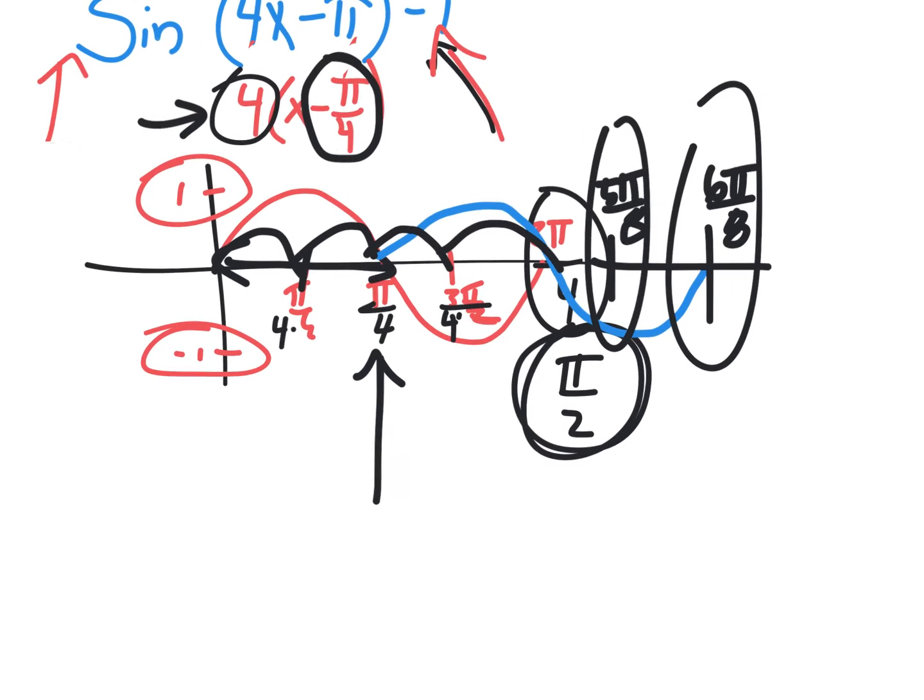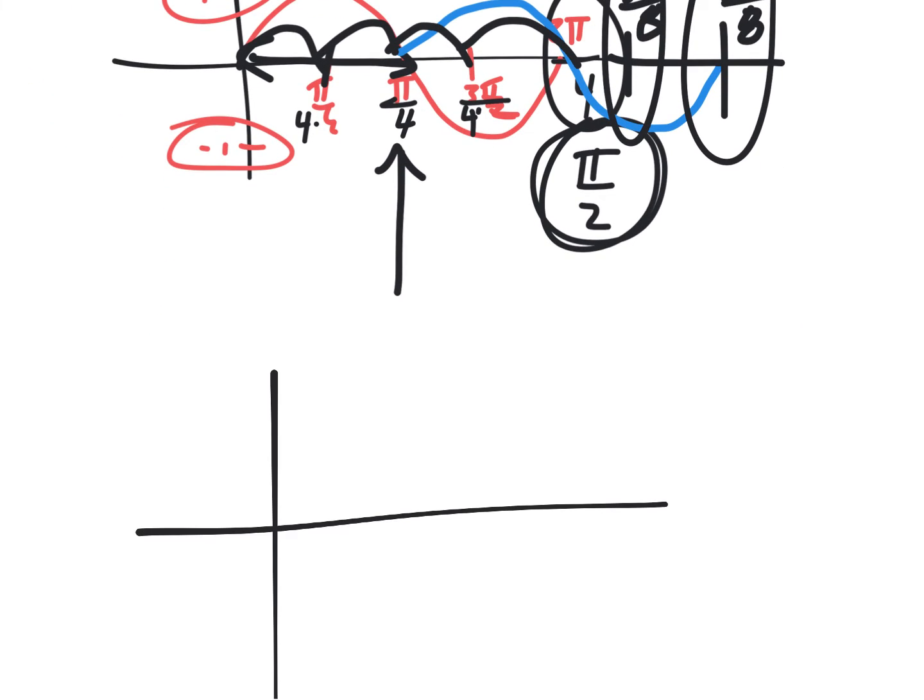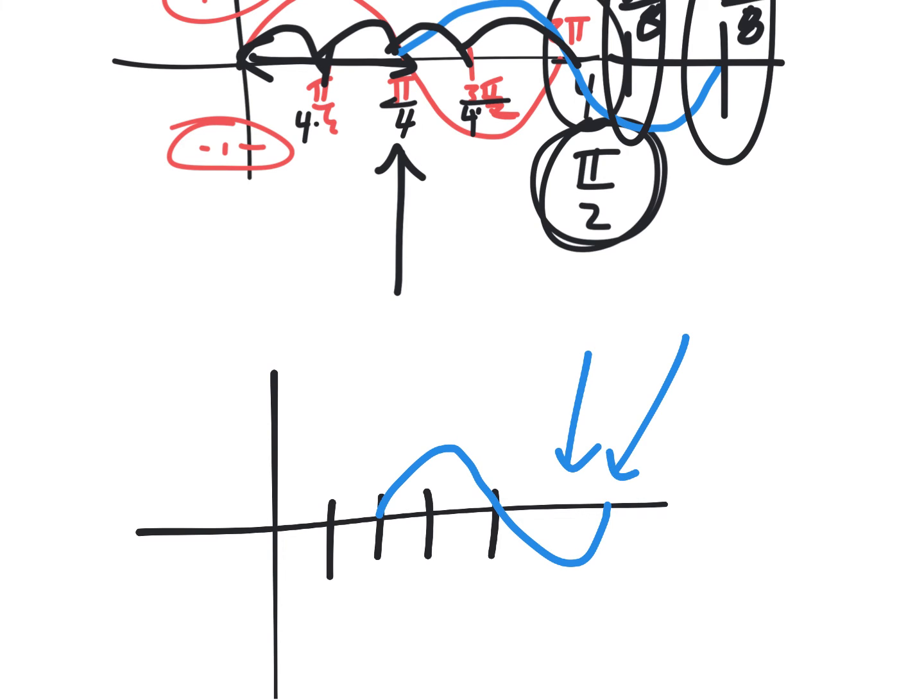So if you leave a graph like this where you've labeled the first 4 or 5 spots, but then you move your graph over here and you don't number these, you will lose points. You got to have it labeled wherever the graph is. So if you move the graph over, add some more labels. So again, if you realize you were counting by pi over 4s, then you go 1 pi over 4, 2 pi over 4, 3 pi over 4, 4 pi over 4.